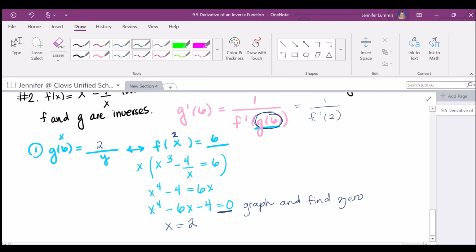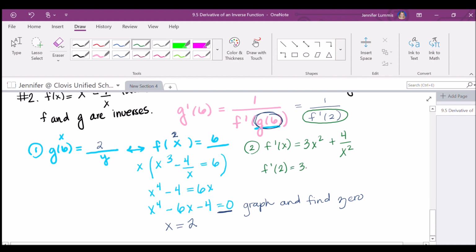Now my second step: step 2, find the derivative of f. So we have 3x squared plus 4 over x squared. Now we just plug in 2.